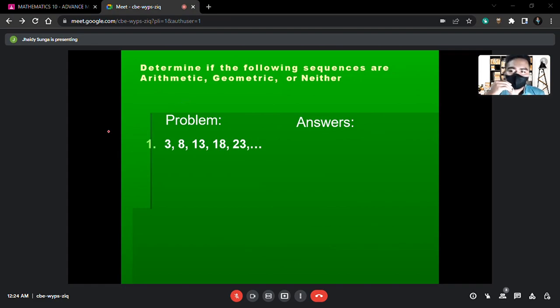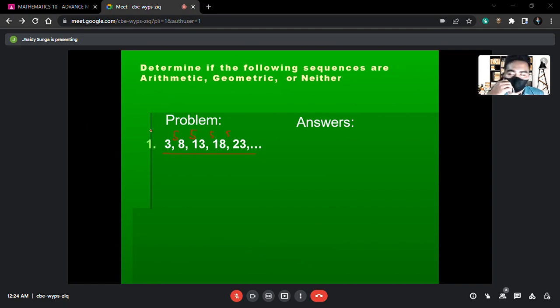As we look at this one, what is the first thing we need to do to find the pattern? The pattern that we found was to add 5, right? As we add 5, we could say that the common difference of this given sequence is 5.